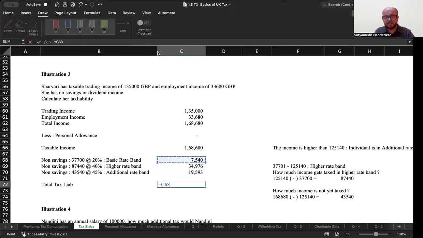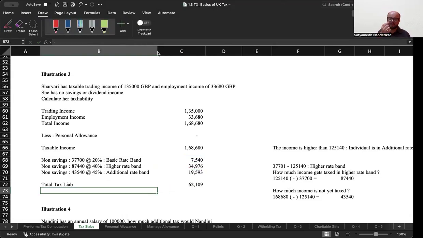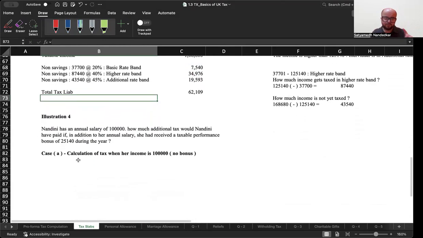Total tax liability is 7540 plus this plus 19,593. This is how tax liability will be calculated if you are in the additional rate band. It is very important to know how this works because this will get tested in every single question ever. So make sure that you redo these questions at least once.